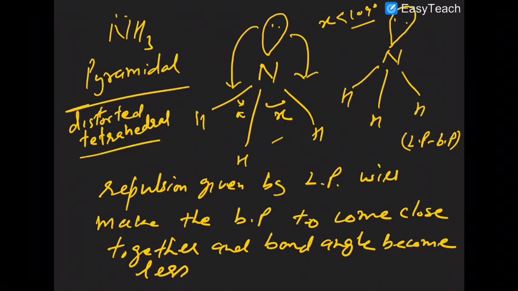Why? Because of the lone pair. So the lone pair will cause distortion. Please go through these examples very, very carefully. These examples of VSEPR theory are very, very important. They will directly come to you in the examination.